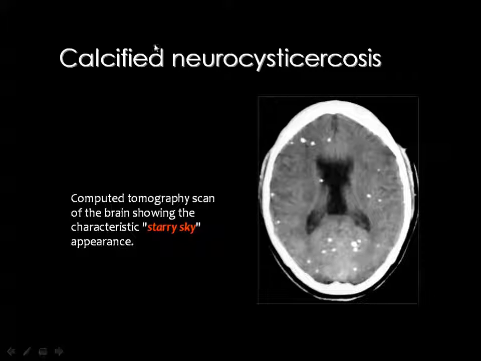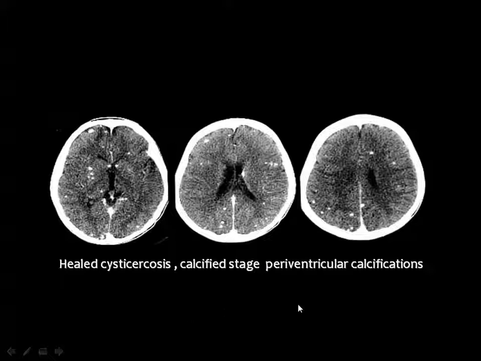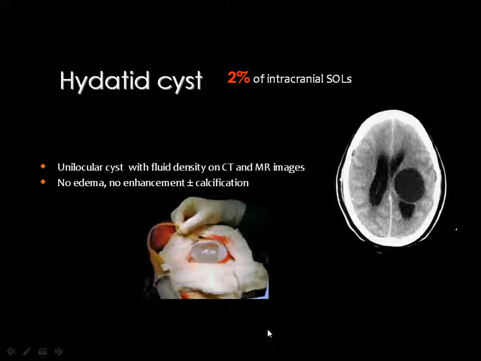Then we go to calcified neurocysticercosis, what we call the starry scar, with many periventricular calcifications, which is similar to the rest of the congenital intracranial calcifications. And this is healed cysticercosis, which should be included in the differential diagnosis of periventricular calcification.